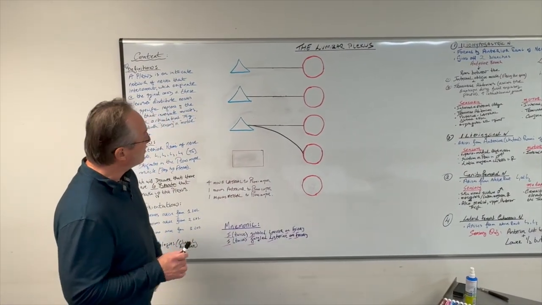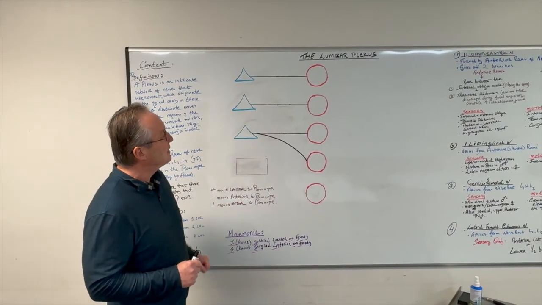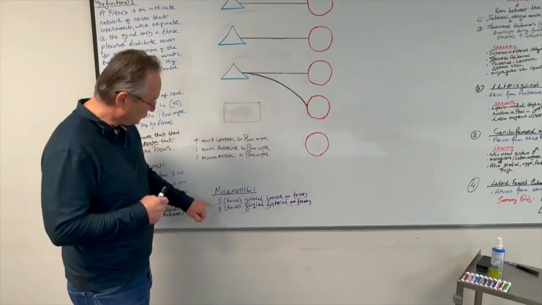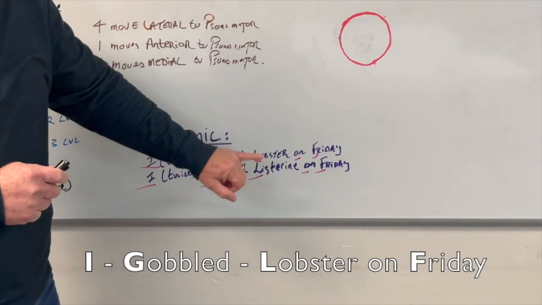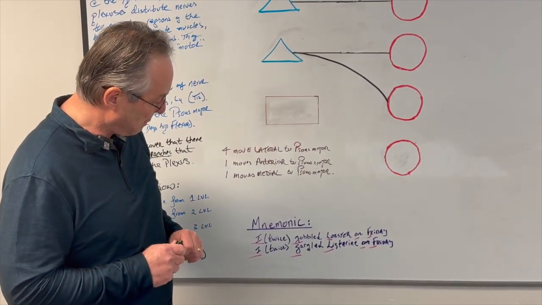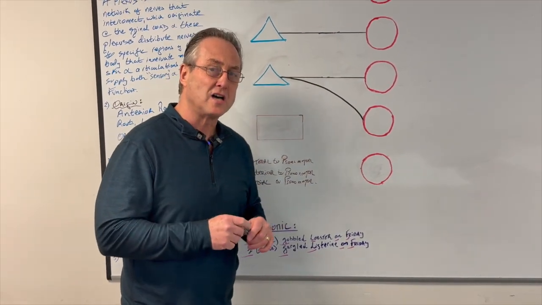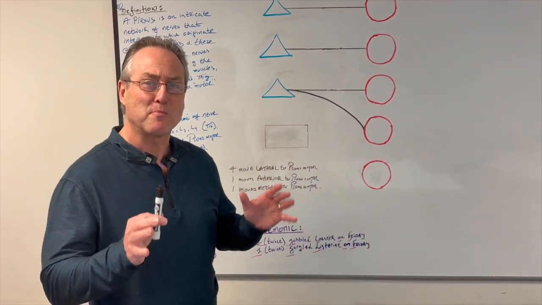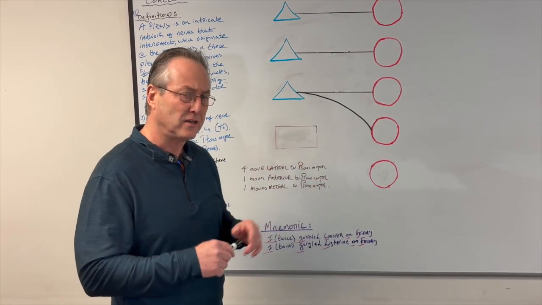Okay, so before we start labeling, we're going to use a mnemonic to help fill in the blank, and the mnemonic is: I twice gobbled lobster on Friday. Okay, fine. The challenge with that is when a lobster is prepared properly, there's a lot of butter and there's a lot of garlic, so we might have some chronic halitosis.